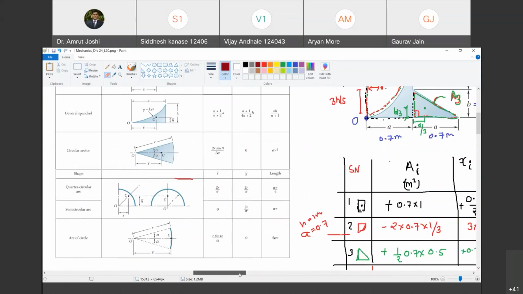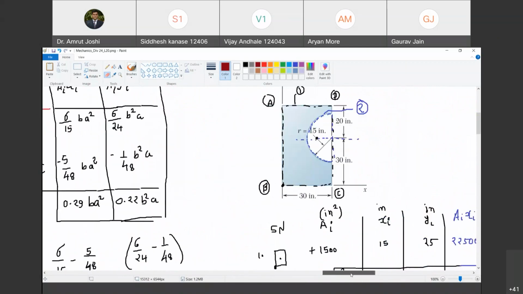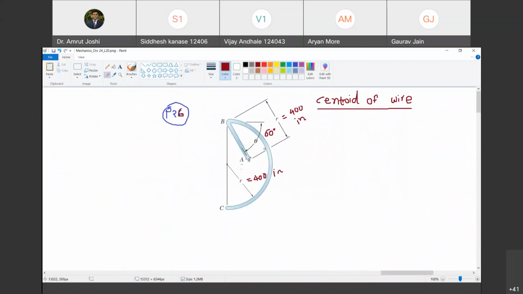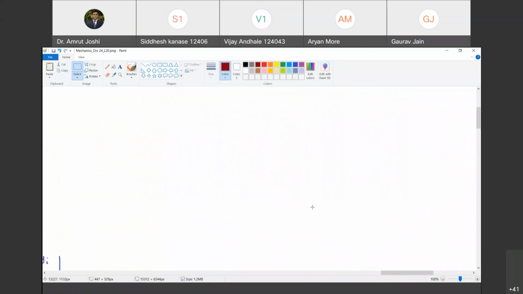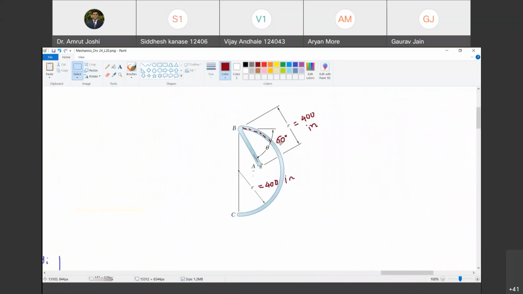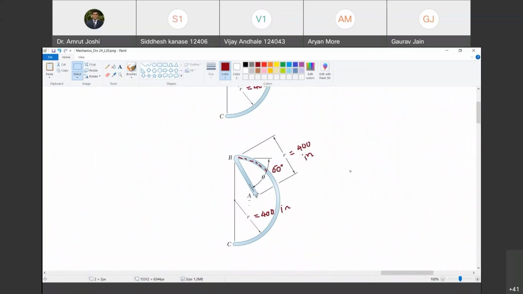Yes, sir. So just like what we have done in earlier problems, how do we start here? We are going to divide this wire into regular shapes. So one shape is the semicircular one. Are you with me? Yes, sir. So let me borrow this figure down. Copy, Control V. So the shape is the semicircular one.